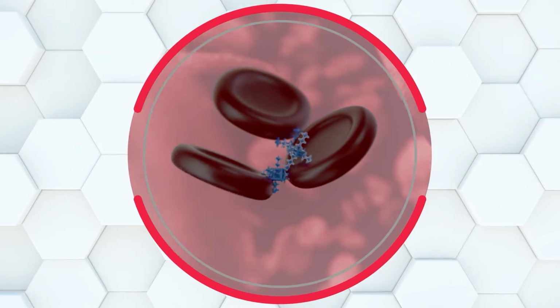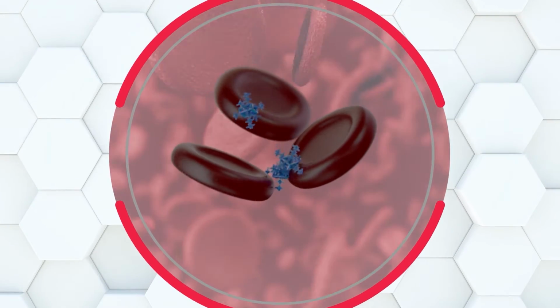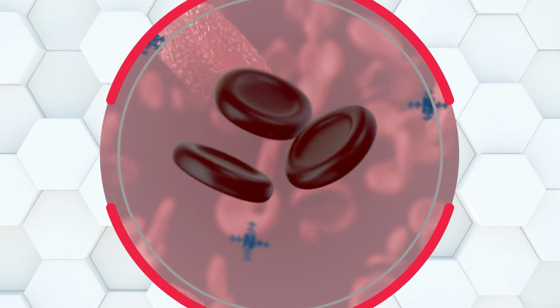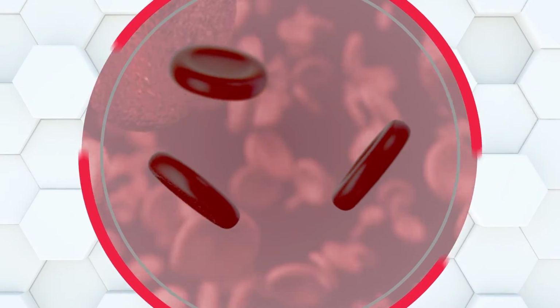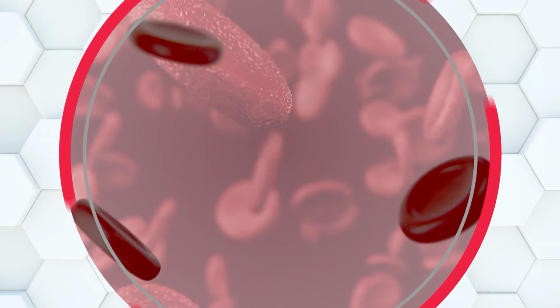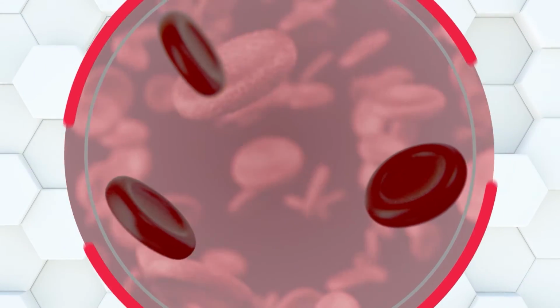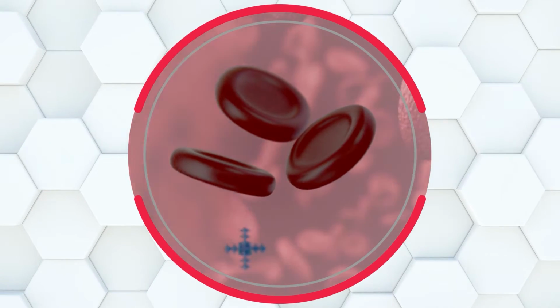As the blood enters the central circulation, it becomes warmer. The cold agglutinins detach from the red blood cells, and the agglutination resolves. But re-exposure to cool conditions reattaches the cold agglutinins to the red blood cells, inducing agglutination.